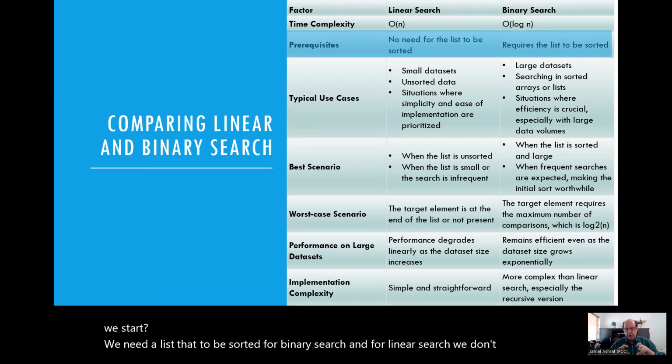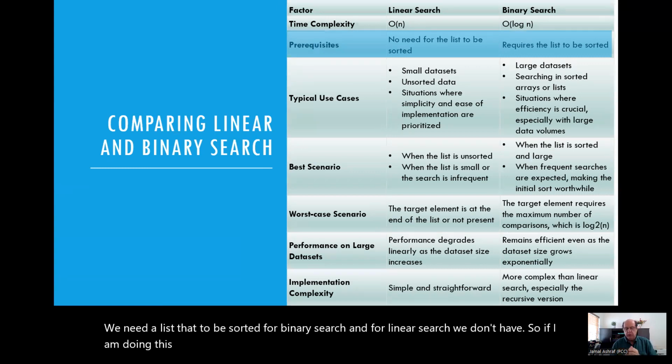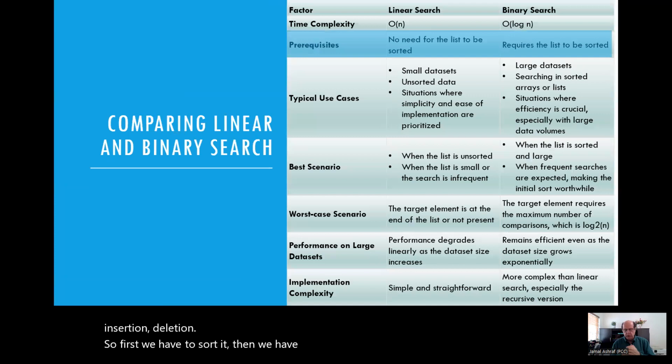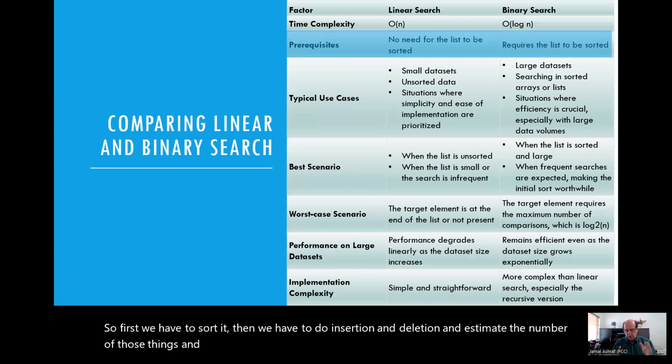So if I am doing this in a software engineering setting, I have to calculate those costs for insertion, deletion, and sort. First we have to sort it, then we have to do insertion and deletion, estimate the number of those operations, and calculate what the cost is to keep a list of sorted data.